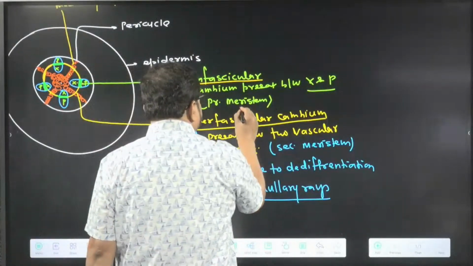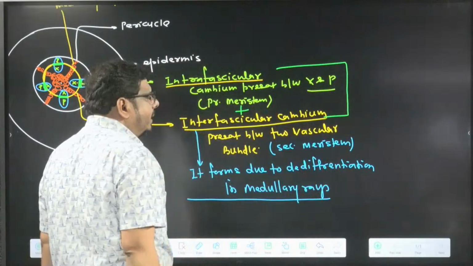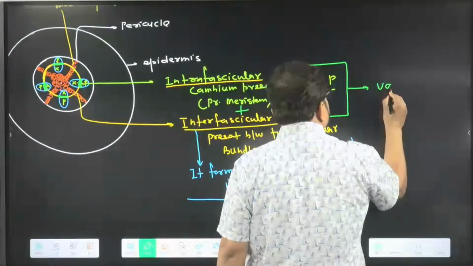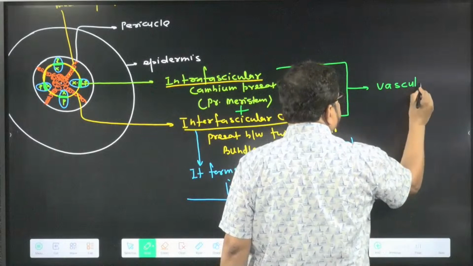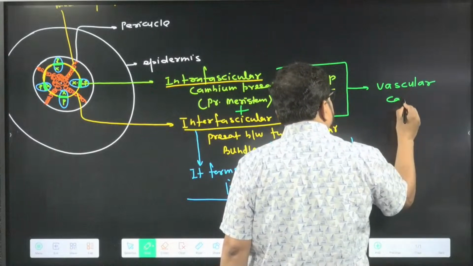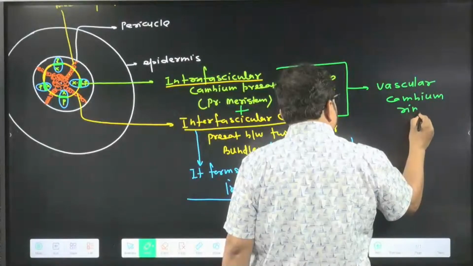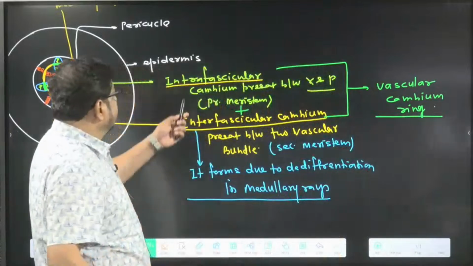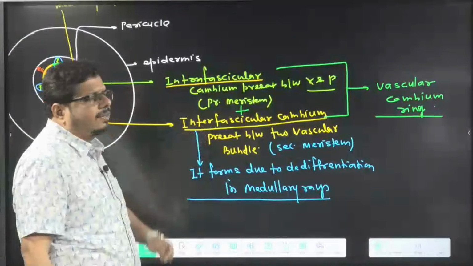Interfascicular cambium plus intrafascicular cambium is called the vascular cambium ring. So the vascular cambium ring is formed by the alternate arrangement of intrafascicular cambium and interfascicular cambium.